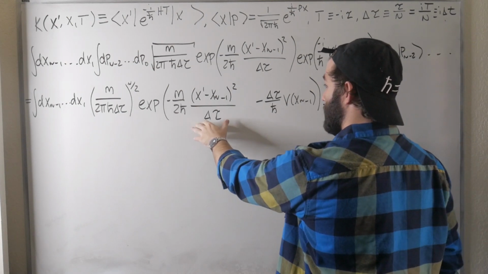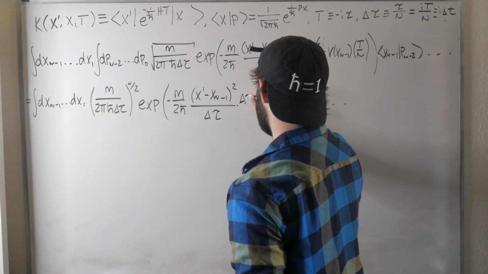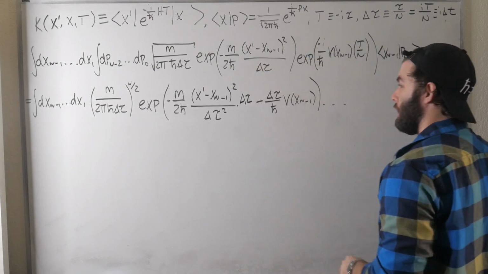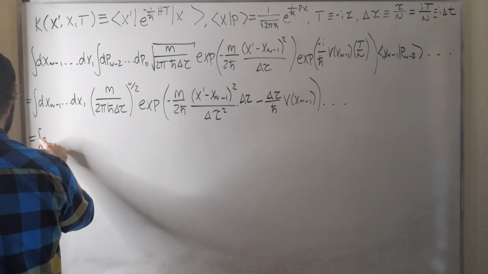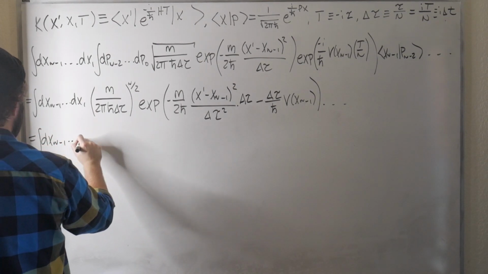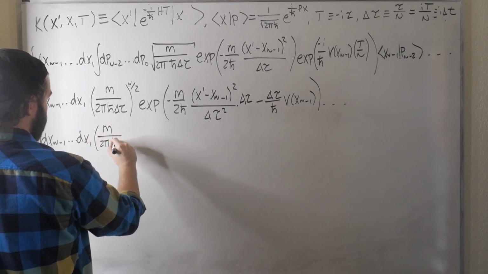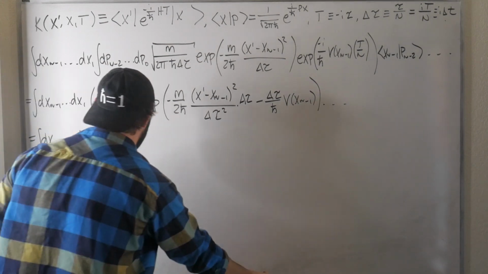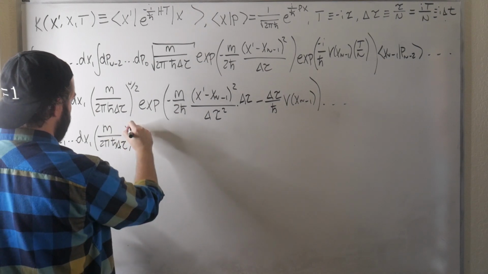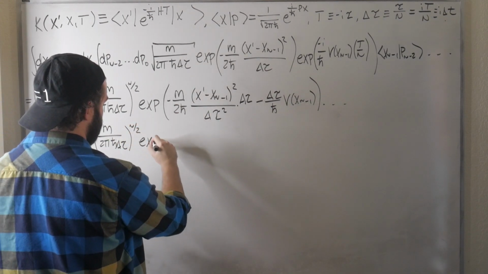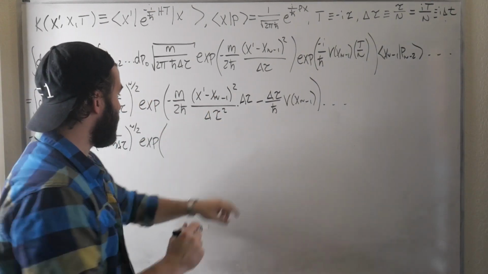The next thing is I want to multiply and divide by delta tau. So I want to do times delta tau squared, and I want to pull it out. So this is going to be equal to the integral dx n minus 1 dot dot dot dx1, m over 2 pi h bar delta tau to the n halves, times the exponential. So I'm going to factor out this h bar and this delta tau.